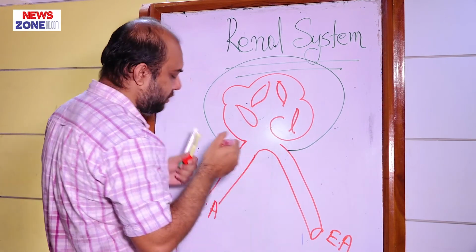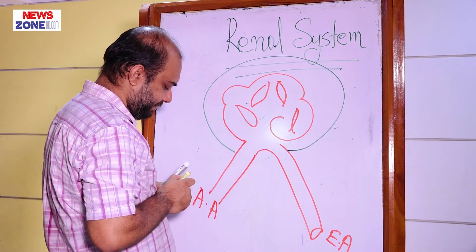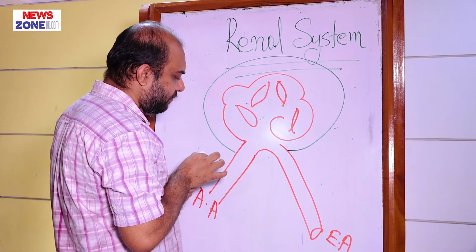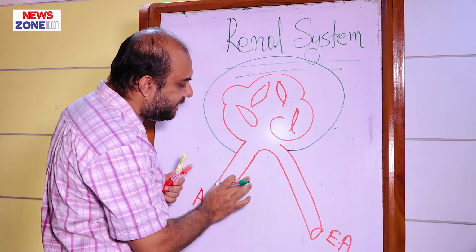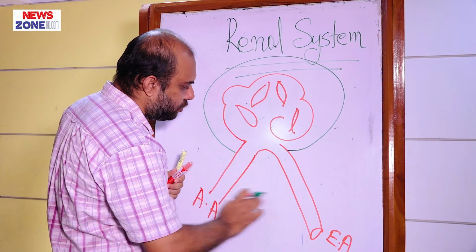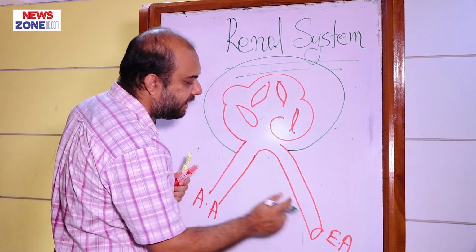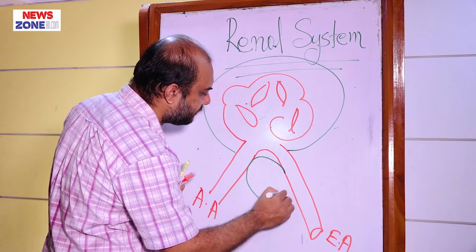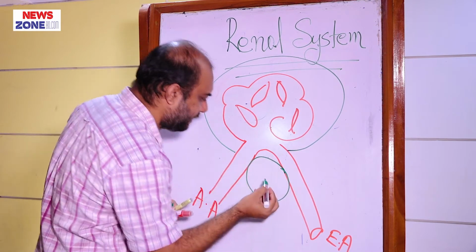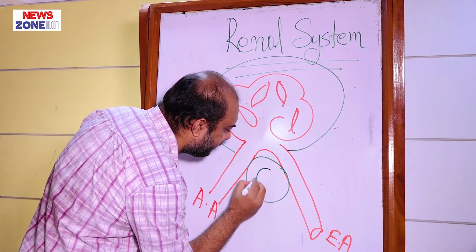Now I will draw the distal convoluted tubule, the early portion of the distal convoluted tubule, which is situated in between two arterioles, that is afferent arteriole and efferent arteriole, and this is the lumen.